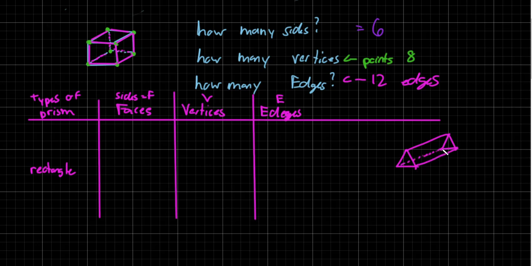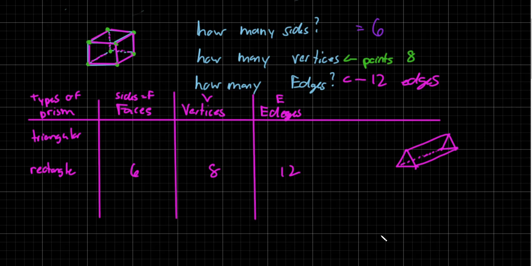That is a rectangular prism. So we already did the rectangular. We're going to do the triangle in a second. But faces for this one was 6, 8, and 12. We already got that. Okay.